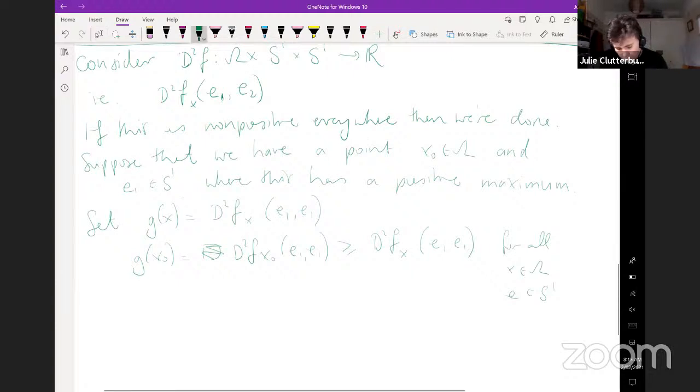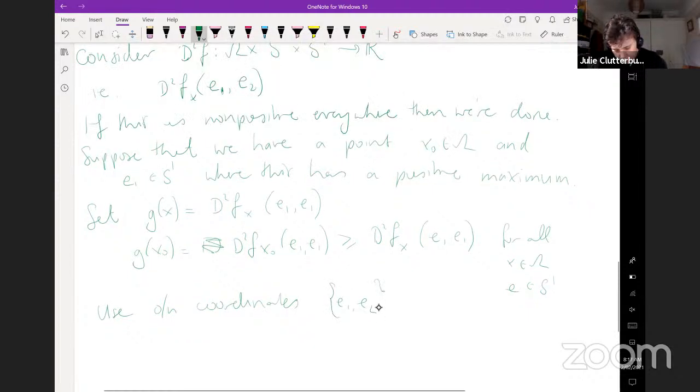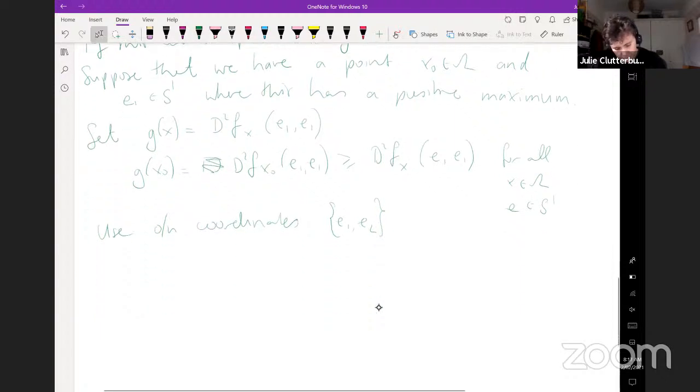Okay, and we use orthonormal coordinates defined by this choice. And because we've chosen this point to be a maximum, E1 is going to be an eigenvector of the Hessian at x naught.